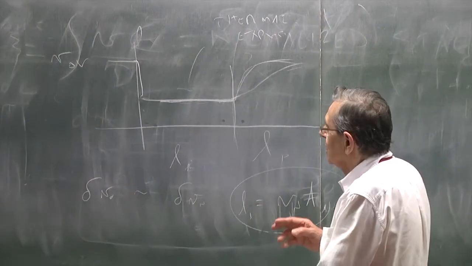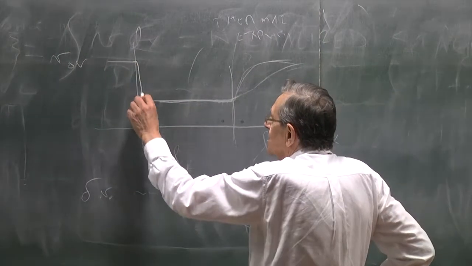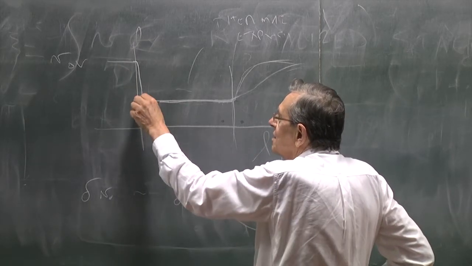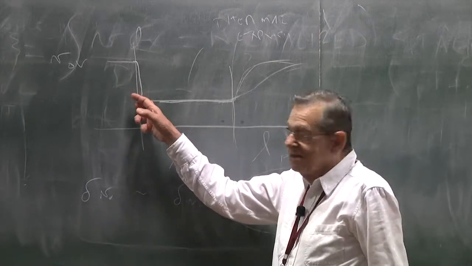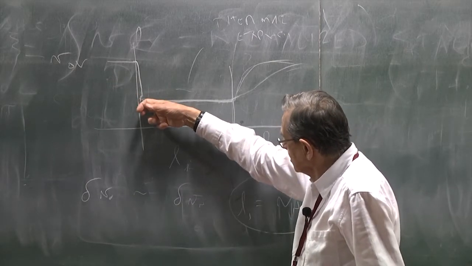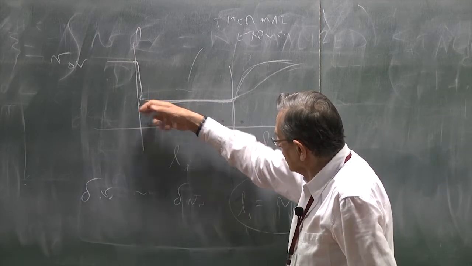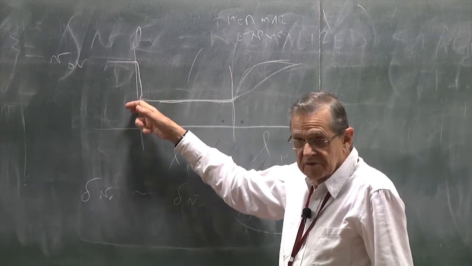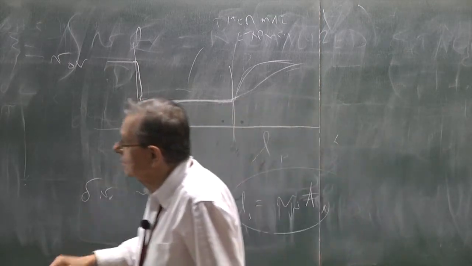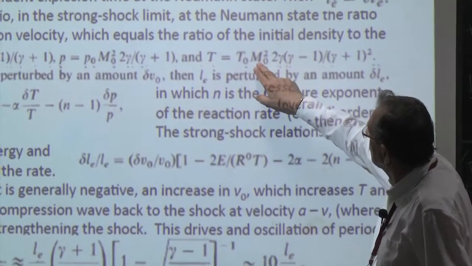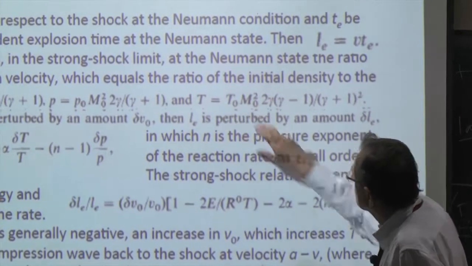And well, an increase in this velocity will give an increase in the Neumann velocity, but also increase the temperature. The temperature is proportional to the Mach number squared, so twice as much.